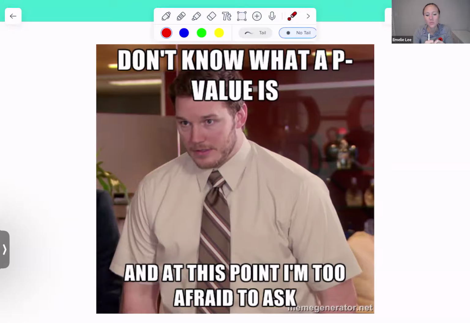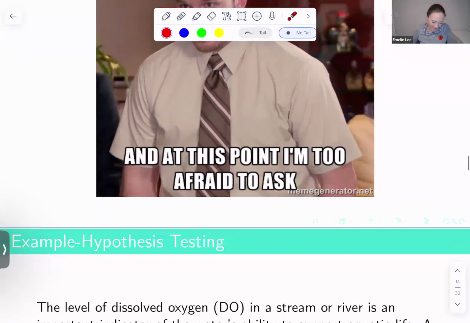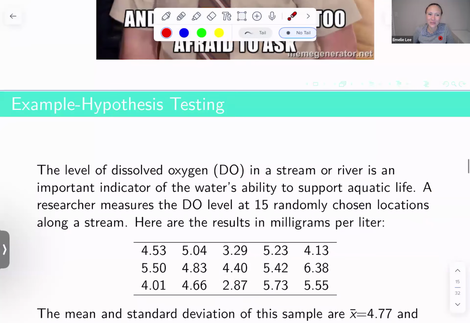Understanding what it is at this point is not necessary. I hope that soon you will. But if you want to ask me about a p-value, just know that it's not too late. We can talk about p-values because they're notoriously difficult to understand. So it's okay to stick with it.